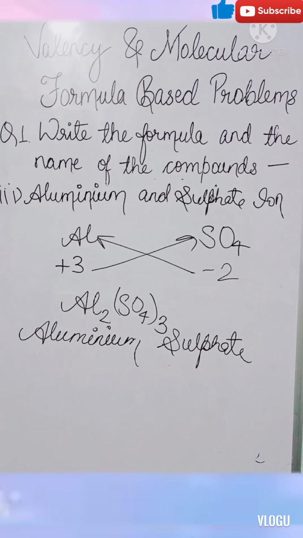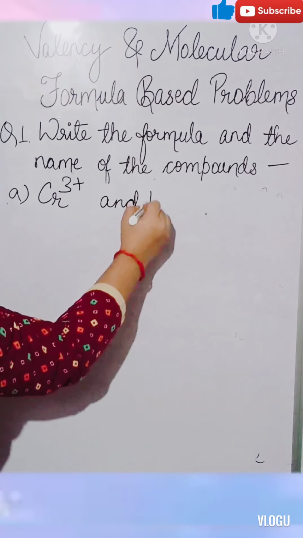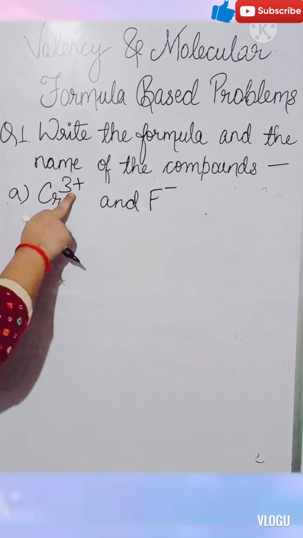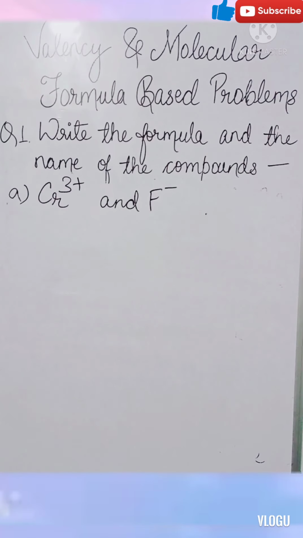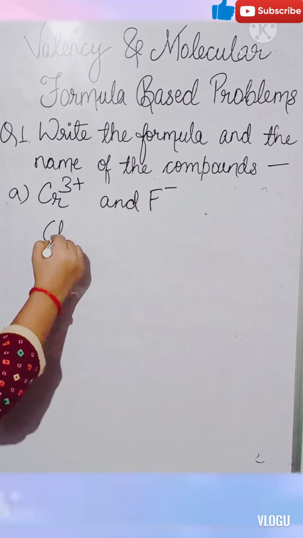So the first such question is Cr stands for chromium 3+ and F-. So here we have already been given the charges, so it becomes easy for us to make the molecular formula. Cr is the symbol for chromium.